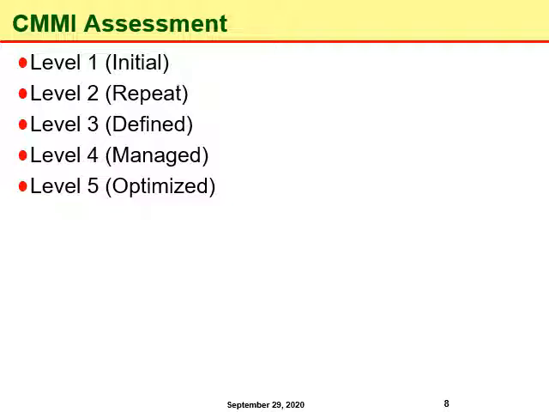Whereas level 4, which is managed, identifies sub-processes that significantly contribute to the efficiency of the overall processes. Whereas level 5, which is optimized, focuses on continuously improving the processes and their performance through incremental and innovative technological improvements.